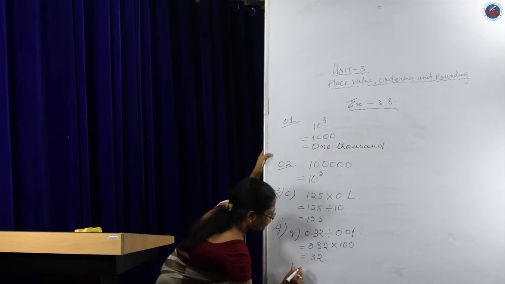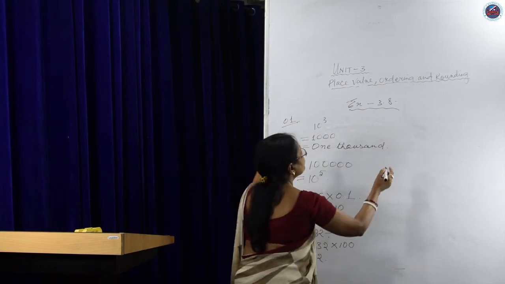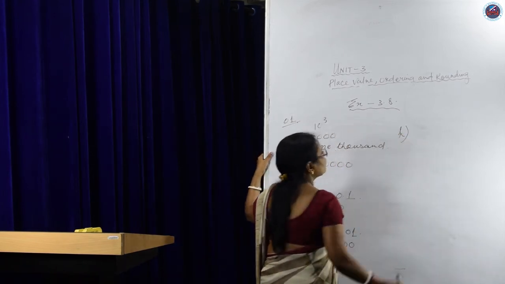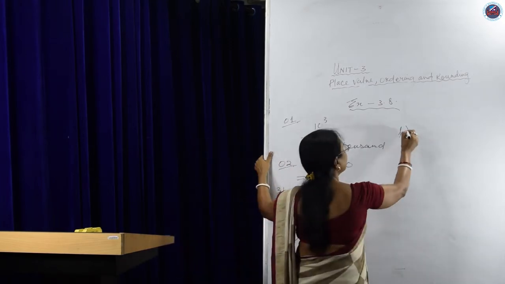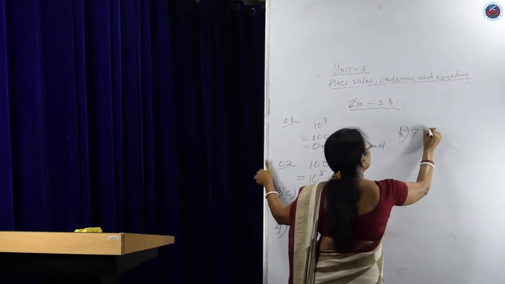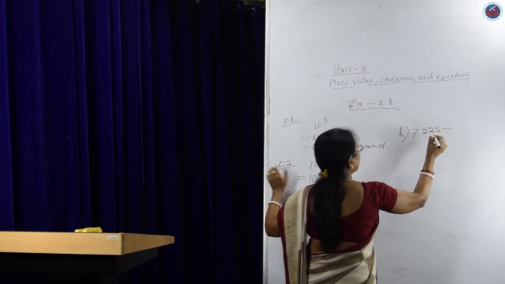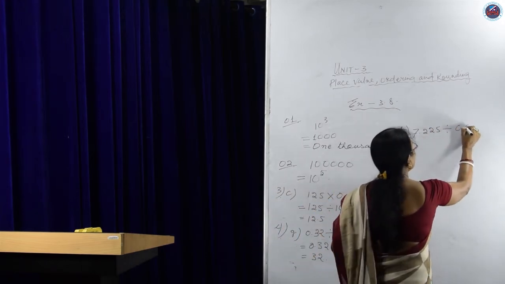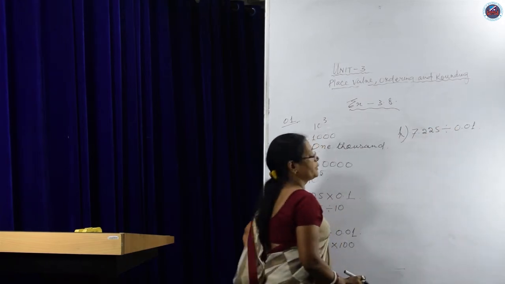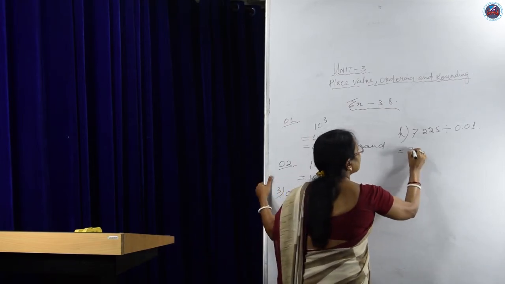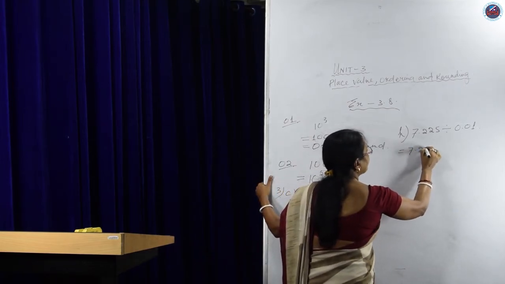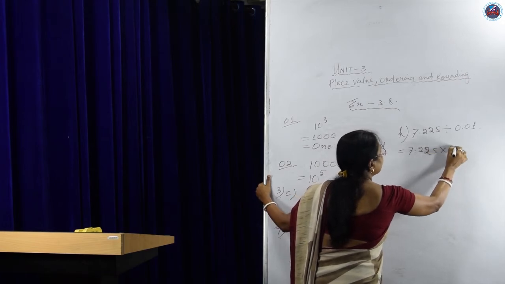One more sum I do, that is number H. Question number H is 7.225 and you have to divide it by 0.01. So dividing by 0.01 is same as multiplying by 100.